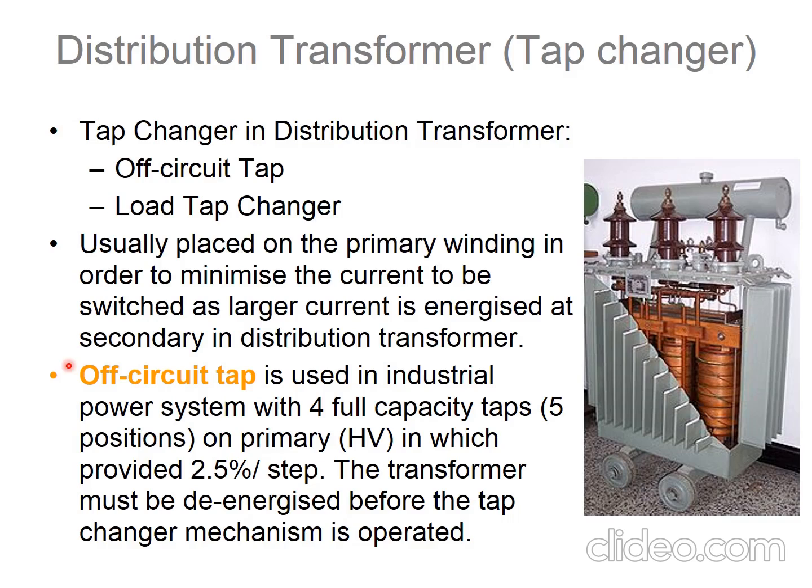The off-circuit tap changer is used in industrial power systems with 4 full capacity taps, 5 positions on the primary HV, providing 2.5% per step. The transformer must be de-energized before the tap changer mechanism is operated.